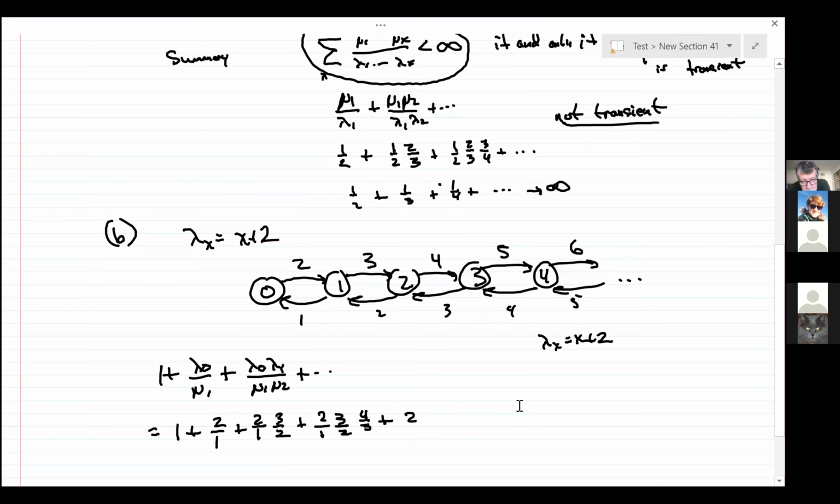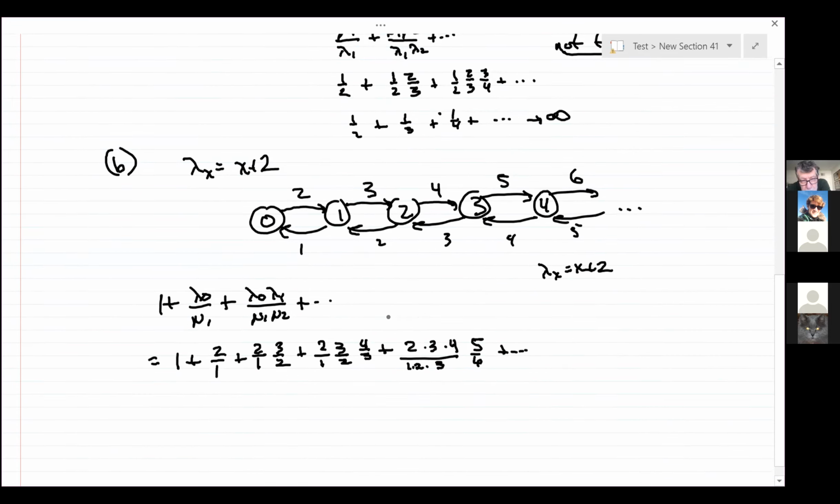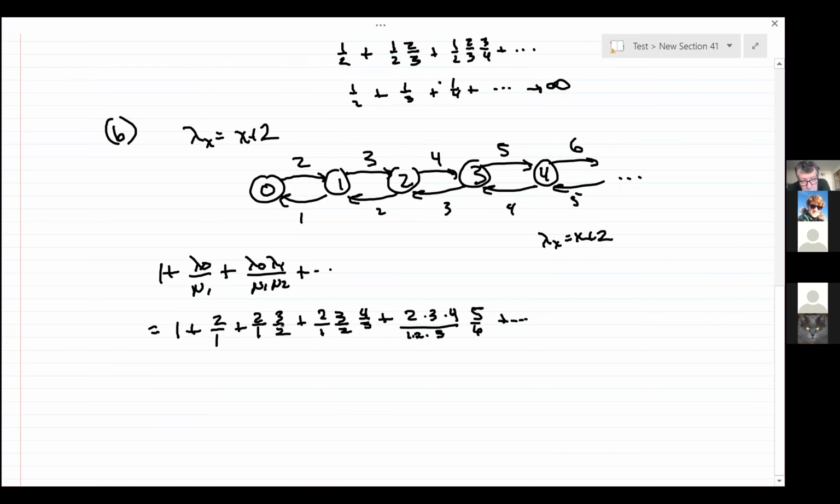Okay, so if we look at this series, it looks like 1 and 2 and 3 and 4. I'm going to make a mistake here. Let's see. 3 over 2, 4 over 3, 5 over 4 should have been.